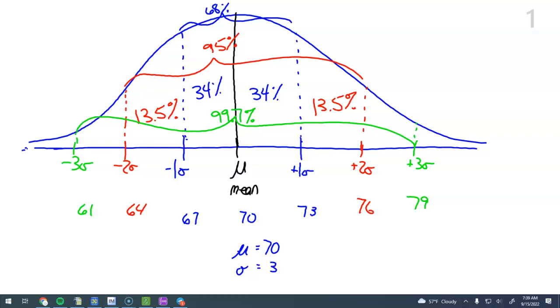And I can play that game again. So in the green area is 99.7. But within the red, I've already used 95. So how much is left? How much is left in the green? 4.7, right? I think someone said 2.35.